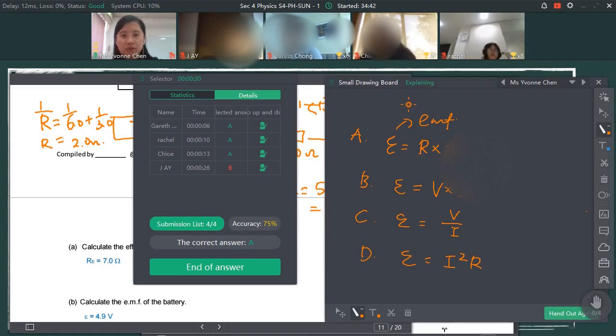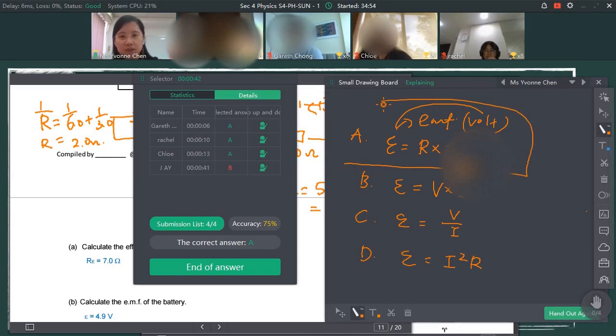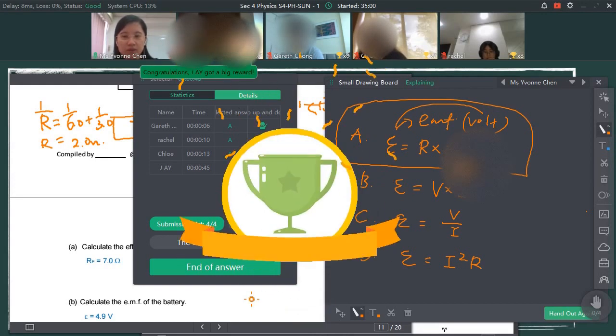Please take note that the unit for EMF is what? Volt, right? So it's very similar to voltage. So the formula should be the first one. Thank you everyone, you all got the correct answer now.